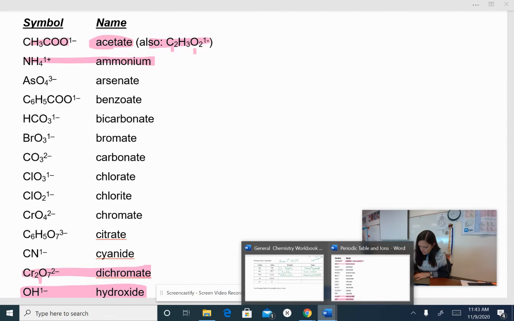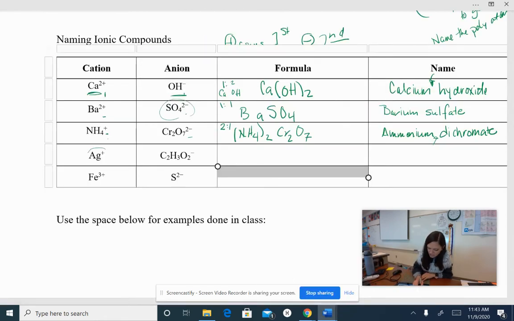So let's look at our chart. Ag is silver. It's a positive 1, and acetate is a negative 1. So what's our least common multiple of 1 and 1? Hopefully you said 1. So that means I need 1 silver and 1 acetate to balance this out.